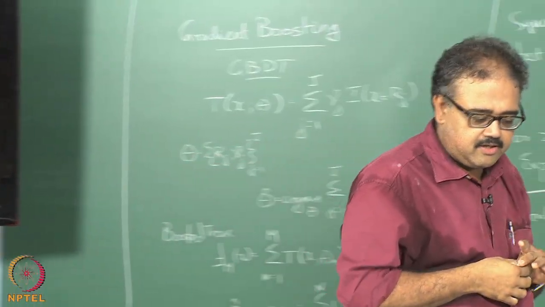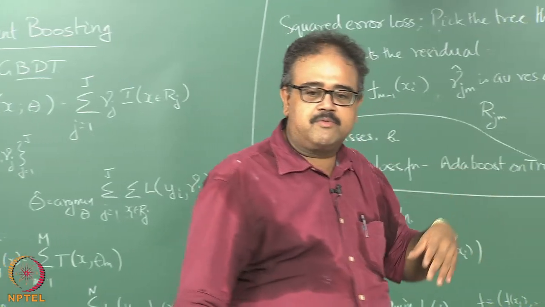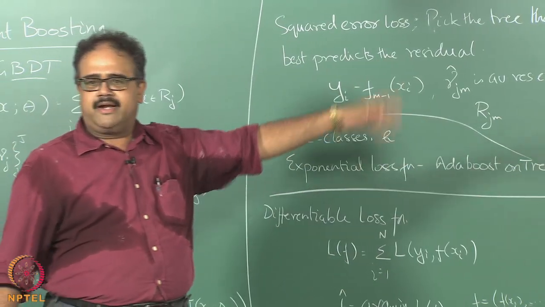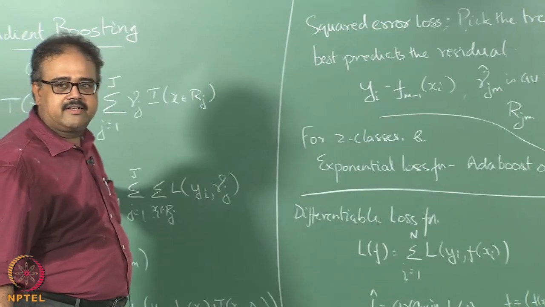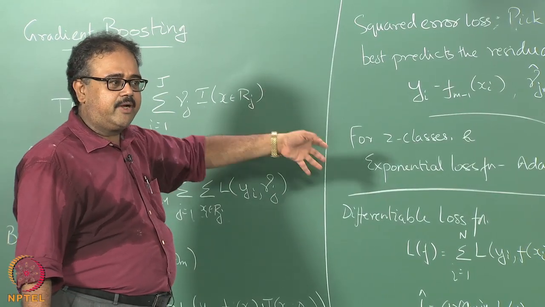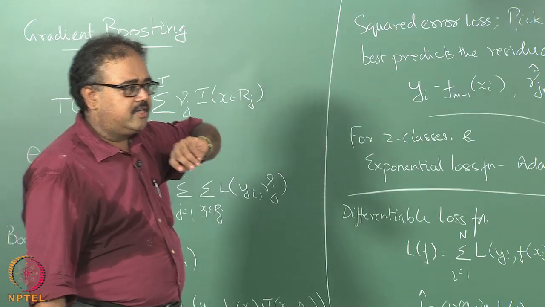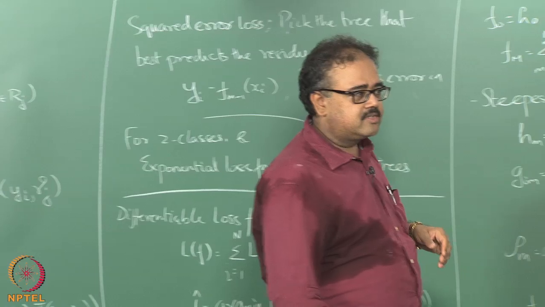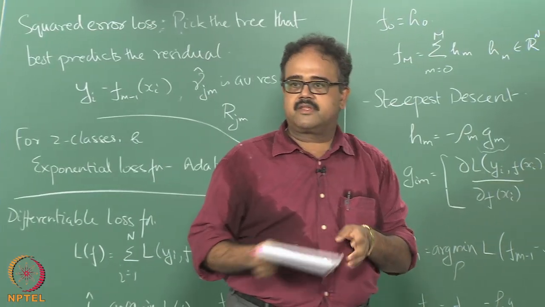All of this discussion collapses if L is the squared error: everything looks the same, you already solved it, that is a very easy thing to do. But what I want to point out is that with essentially the same squared error mechanism, you can build boosted trees for any loss function that you want. It can be regression, it can be classification, whatever it is, you can build a decision tree.